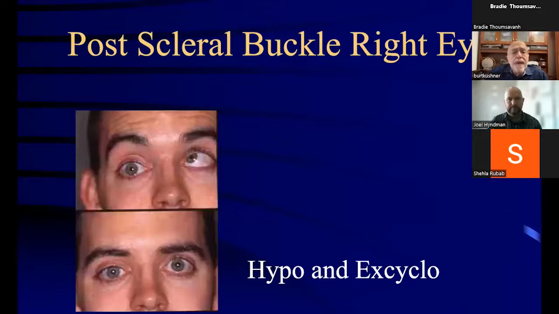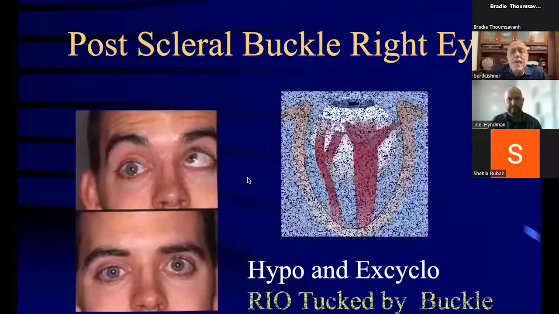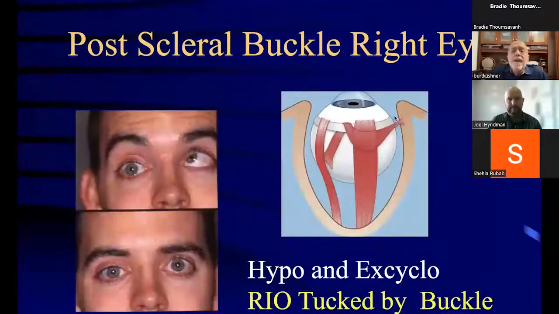Here's a patient that had undergone a scleral buckling procedure in the right eye, and he's got a small right hypo, but he can't look up with that eye. And this is also unintended surgery. It's an artist drawing, but the encircling band basically wound up tucking the inferior oblique.